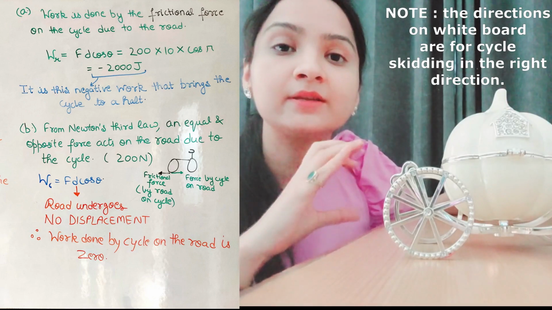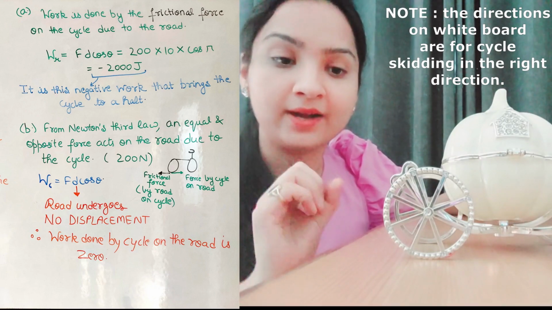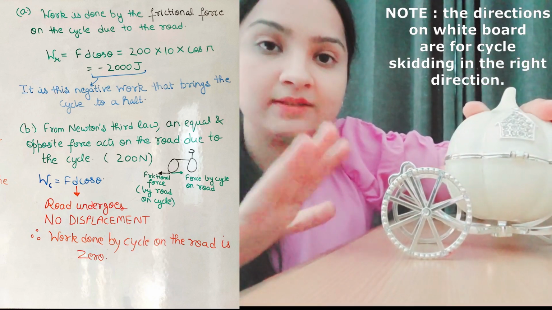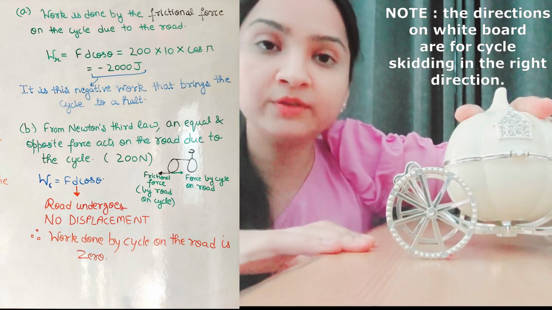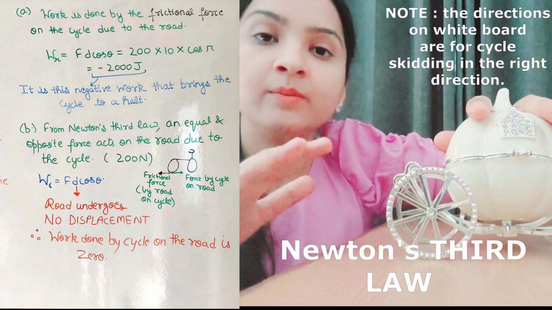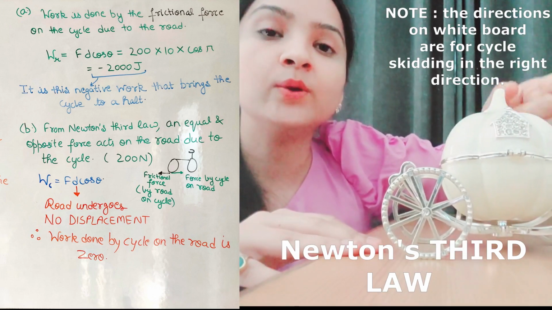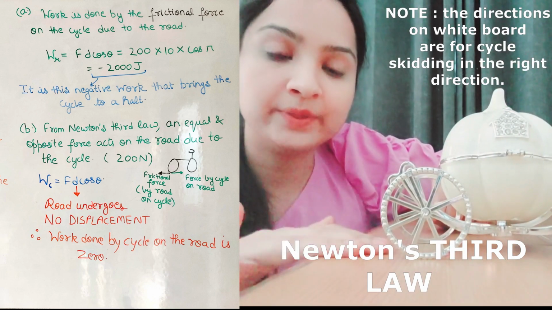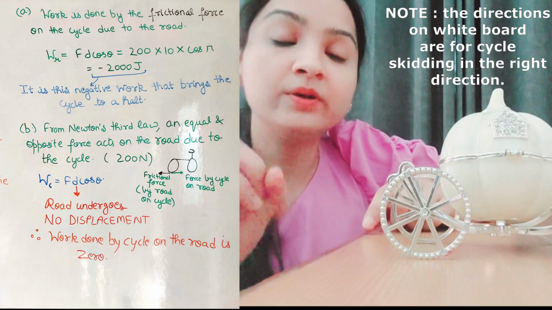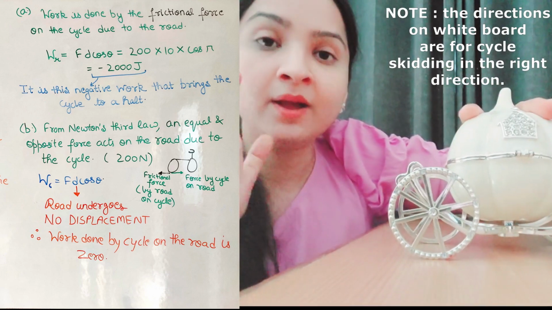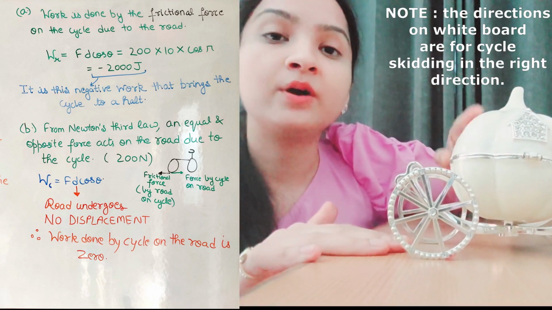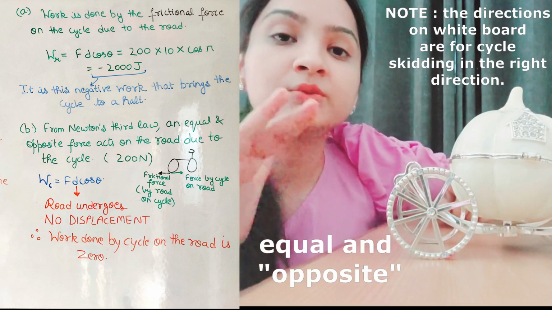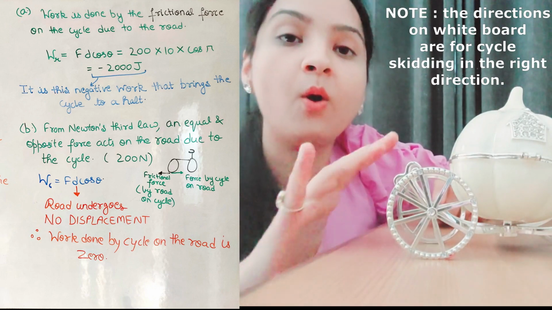So an important statement that I would like to make over here is that if this is object A and this is object B, though the force on object A because of B is equal and opposite to the force on B because of A, however, the work done by A on B need not necessarily be equal to the work done by B on A.